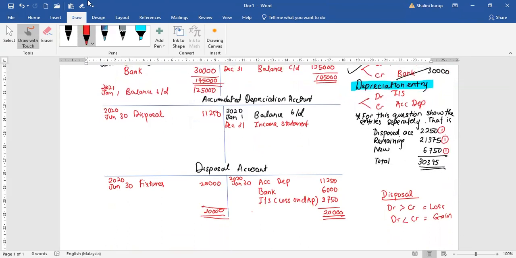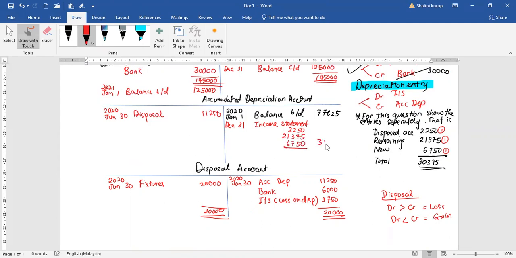Okay, so 77625 will be the balance b/d. Now back to the income statement. You'll have 2250, you'll have 21375, lastly 6750.